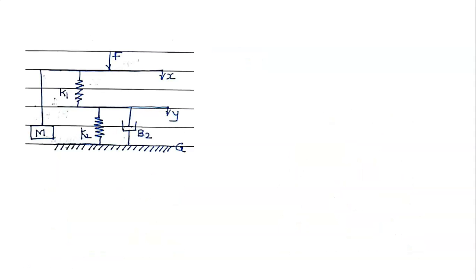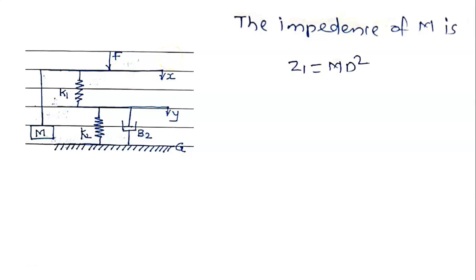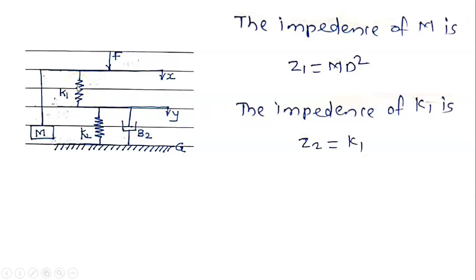Again the same diagram is there: mass m, spring K1, spring K2, damper B2, x, y, ground, and force F acting. Therefore, the impedance of mass m, Z1, is equal to MD square. Similarly, the impedance of K1, Z2, is equal to K1.